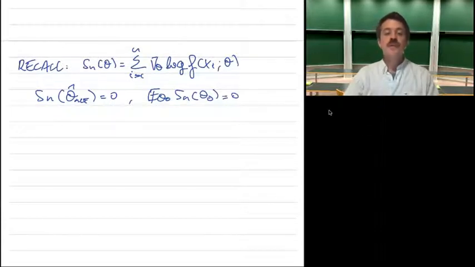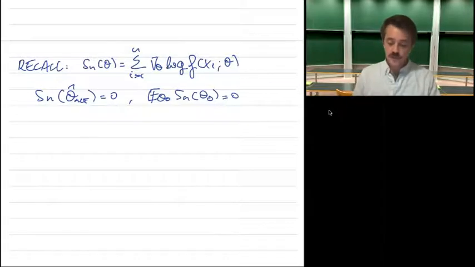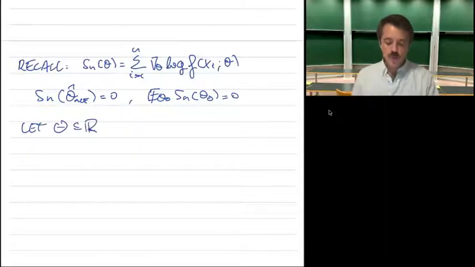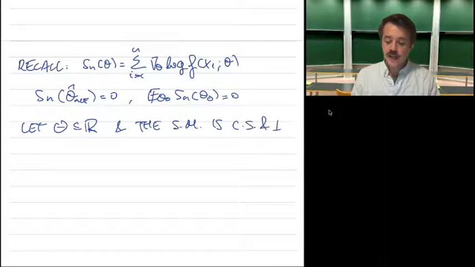So let me, at least for the time being, just for the intuition that we're going to get, assume that the parameter space is the real numbers, so we don't need to go to more dimensions to explain what I'm going to explain, and assume that the statistical model is correctly specified and identifiable.